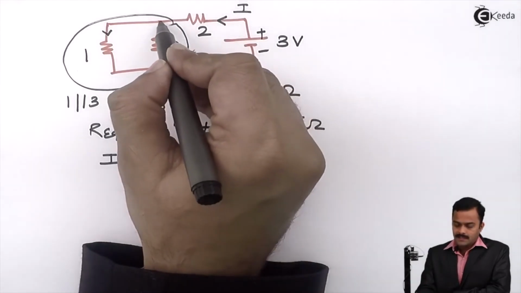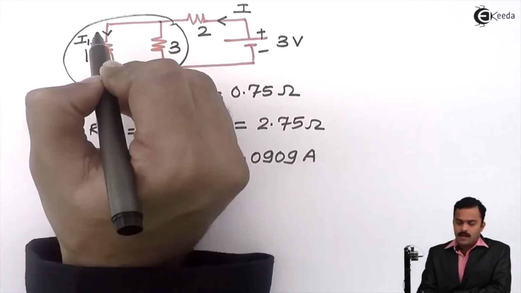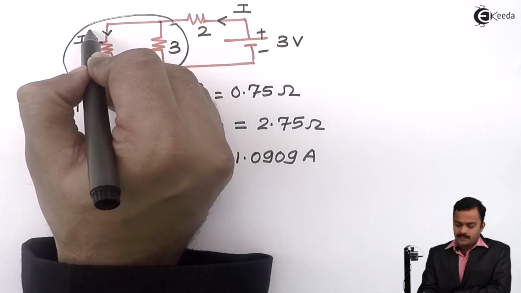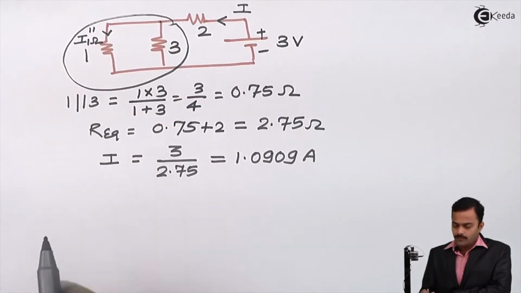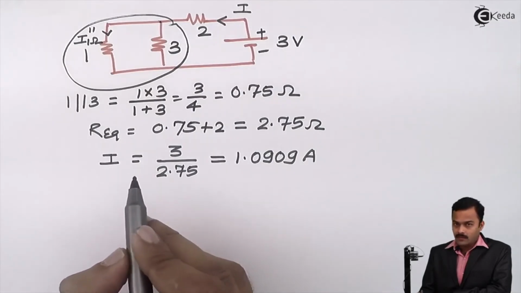Now this current is splitting into two, and objective is to get this current, which I denoted as I double dash 1 ohm. So I can use current divider rule.